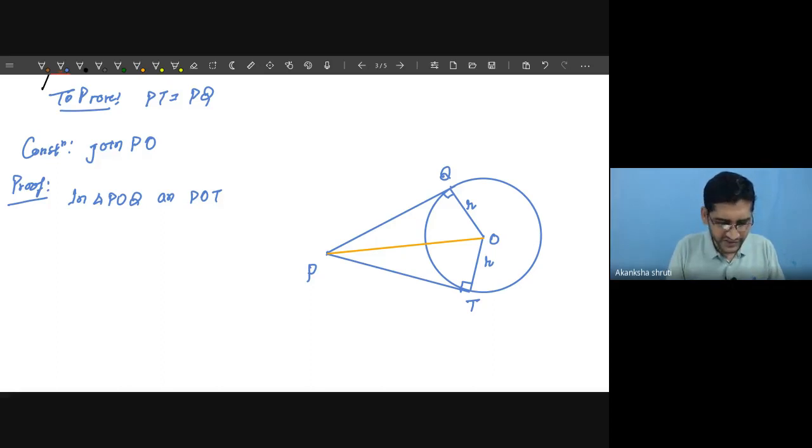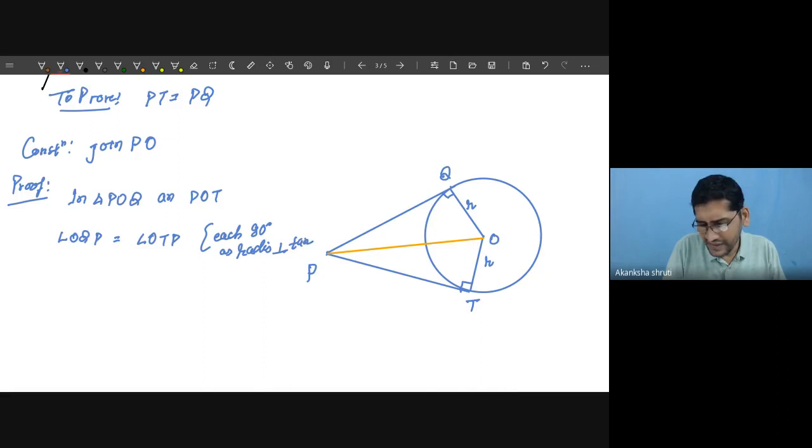So let us write it. For triangle POQ, angle OQP is equal to angle OTP, each 90 degrees, as radius is perpendicular to tangent. It is this rule by which we have written this angle as 90 degrees.